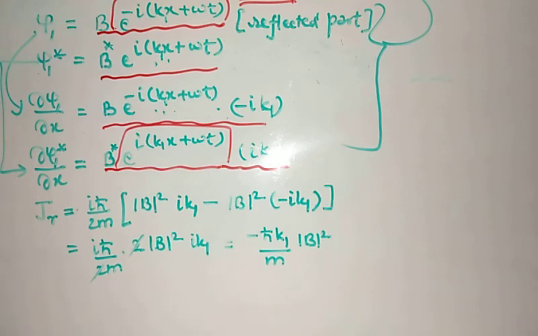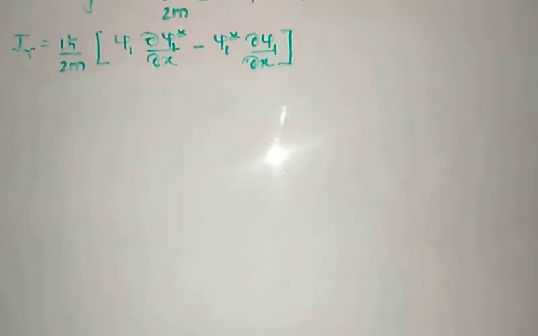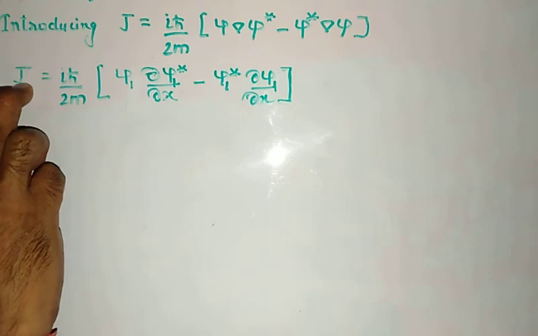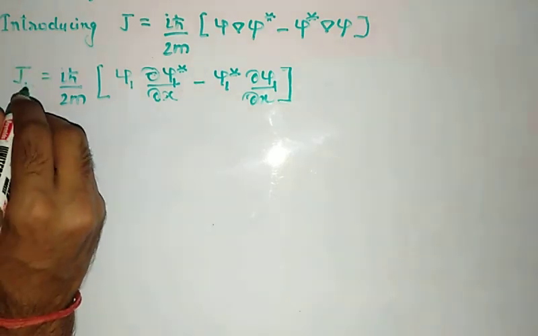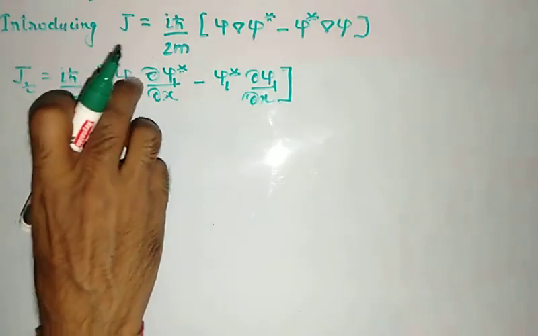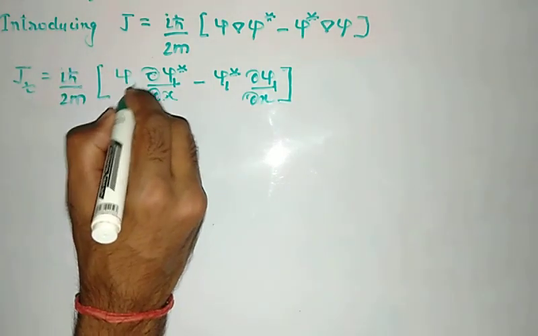In the same way we will calculate JT. Now to calculate JT, we will use the formula again here. For the transmitted wave we will use the second region, in which we should have psi 2.